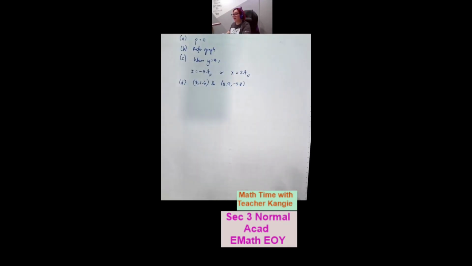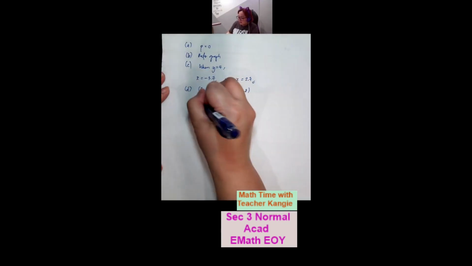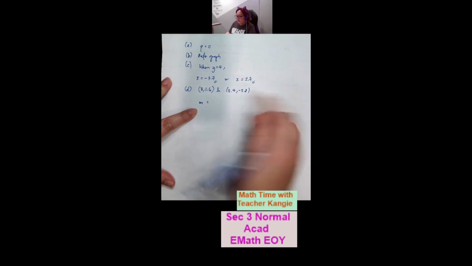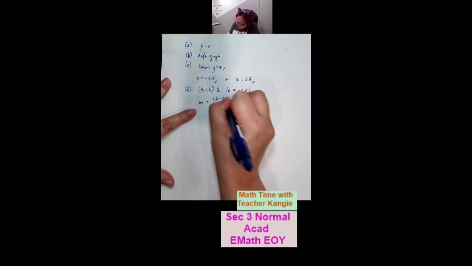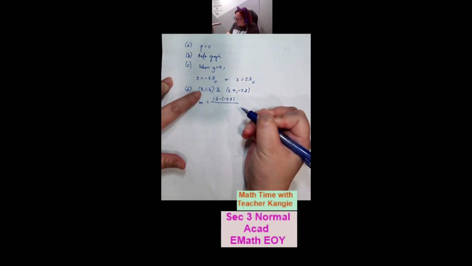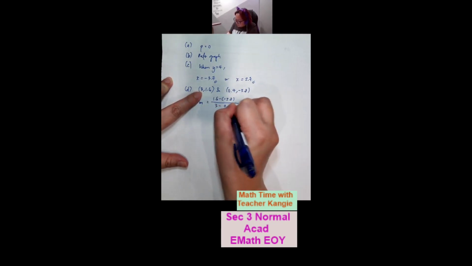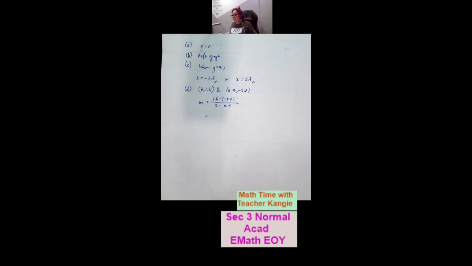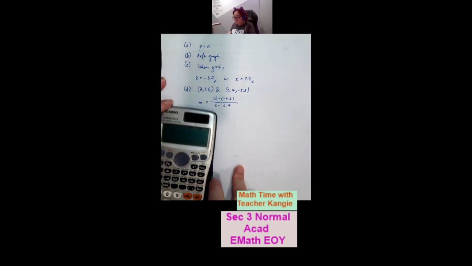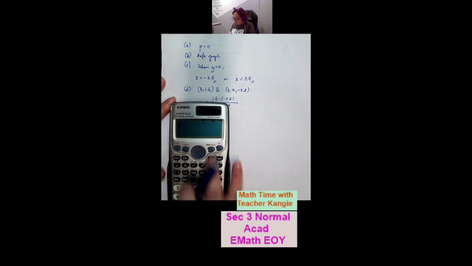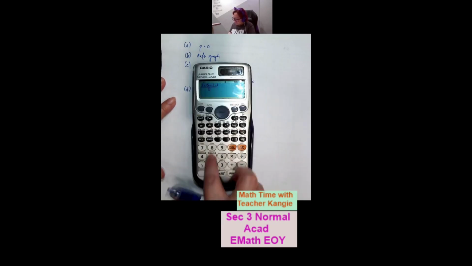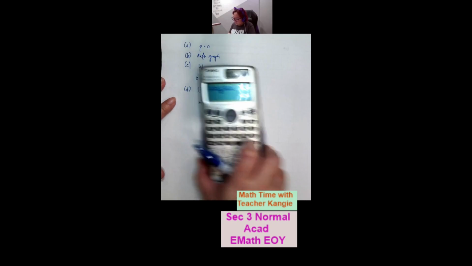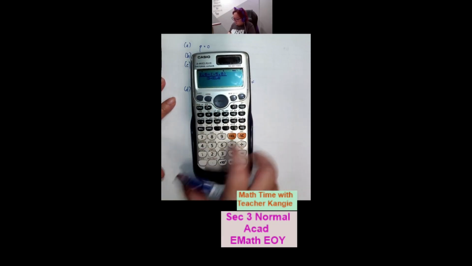Then you apply the formula: y1 minus y2 over x1 minus x2, so 1.6 minus negative 5.8 over 3 minus 0.4. Then of course press the calculator. Fraction 1.6 subtract bracket negative 5.8, over 3 minus 0.4.